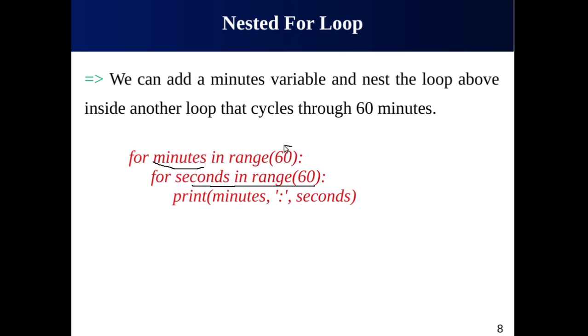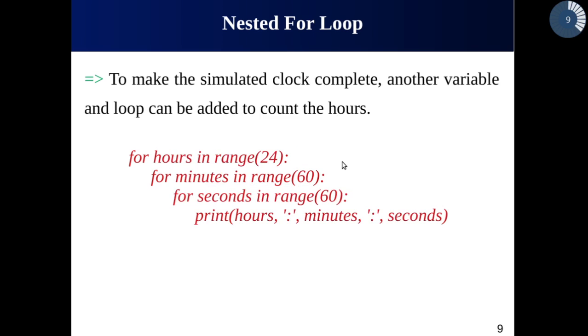And how many minutes do we have in an hour? That is 60 minutes. Our next nested loop is going to be, now we have three nested loops to represent. In this case, this is our outer loop, this is our inner loop, and this is our innermost loop.